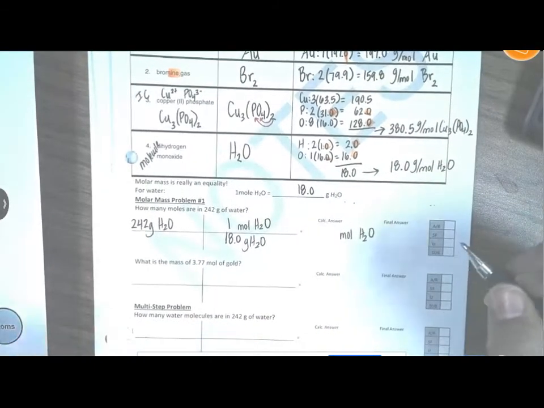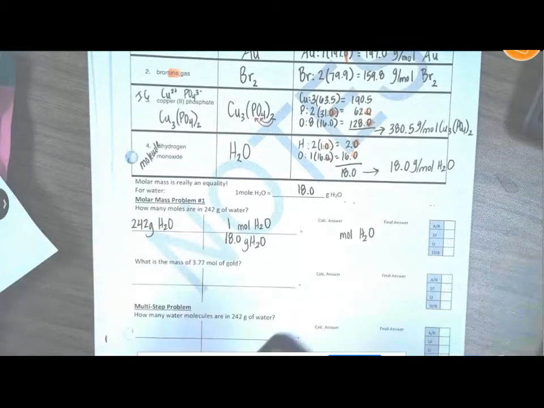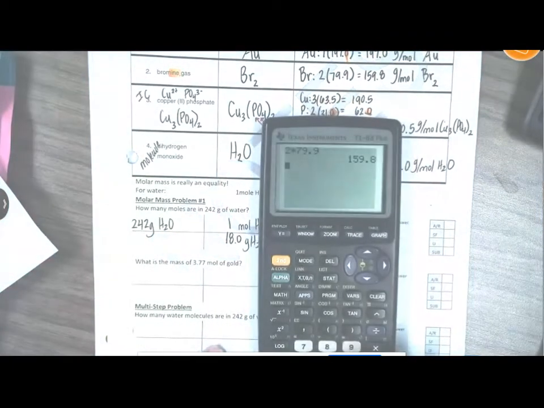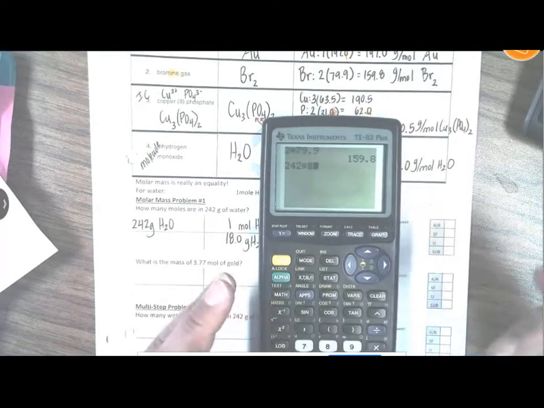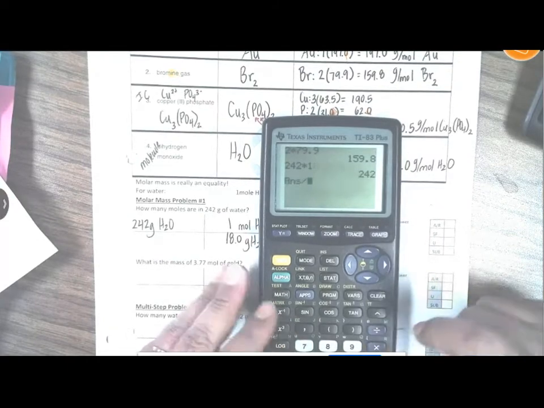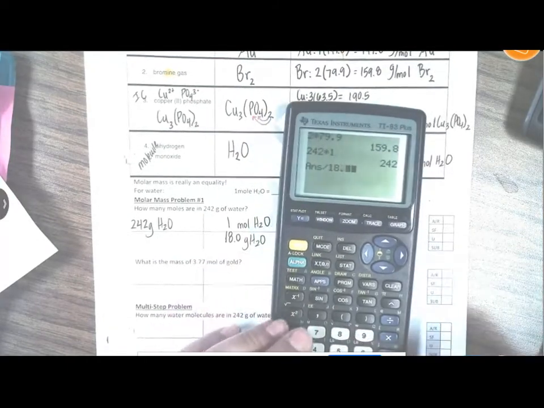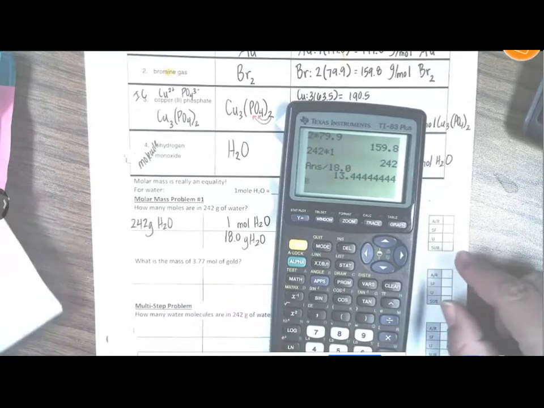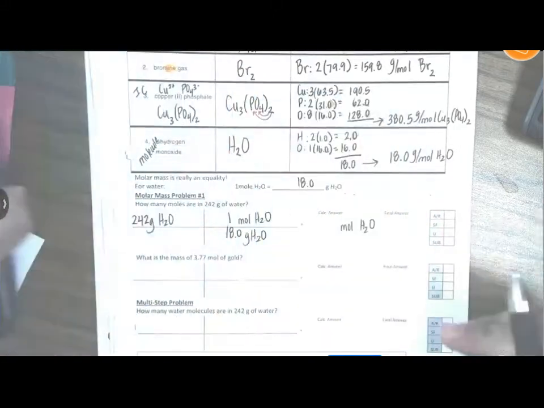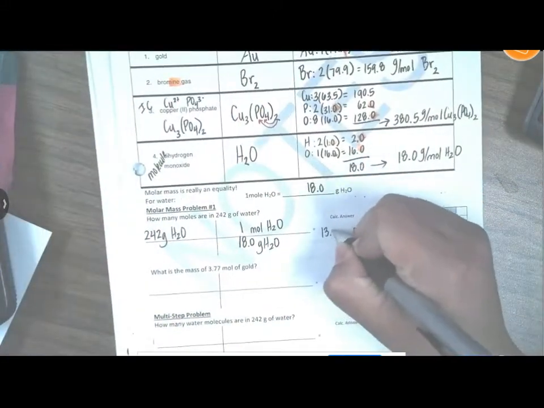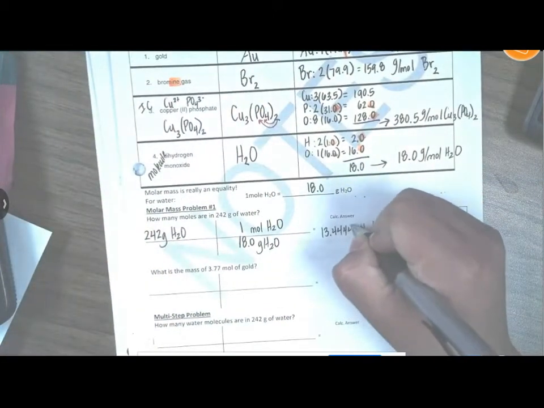So now I put this in my calculator. I'm going to take 242 times 1, which you know is the same answer, divided by 18.0. And I get 13.4 repeating. I'm just going to put a few 4s there.